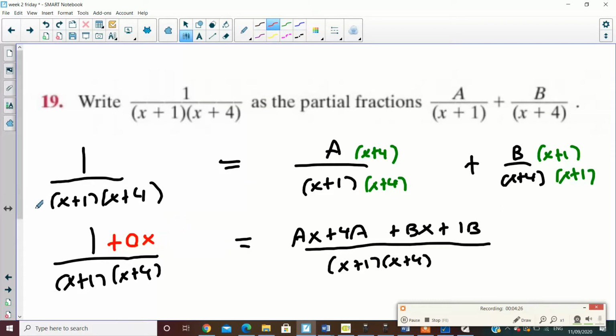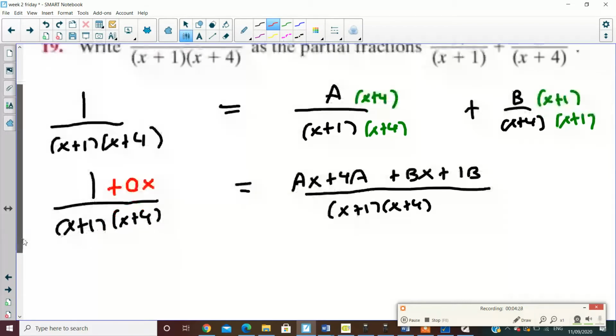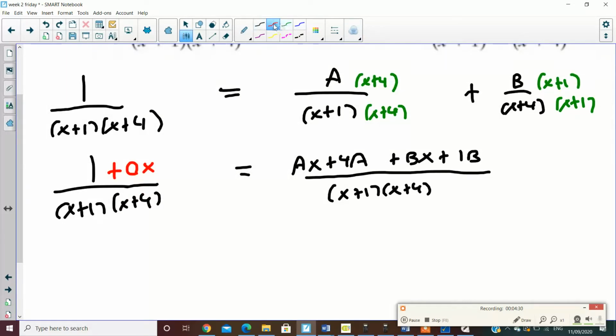Okay. Simultaneous equations. What are my two simultaneous equations here? Anybody? ax plus bx equals 0, so a plus b equals 0, no bother. What about the other one? 4a plus 1b equals 1.